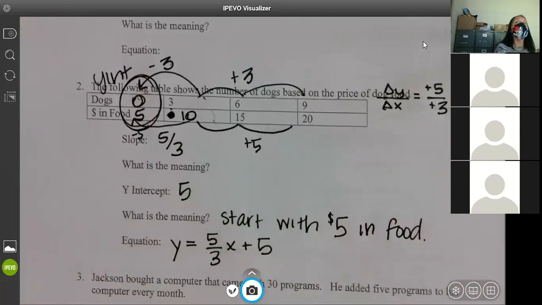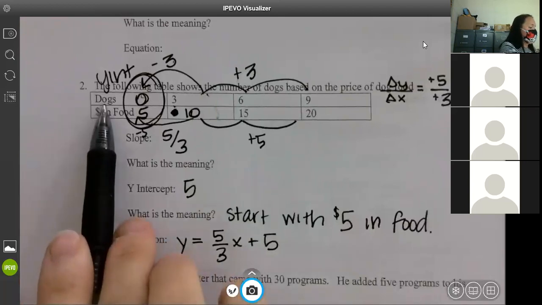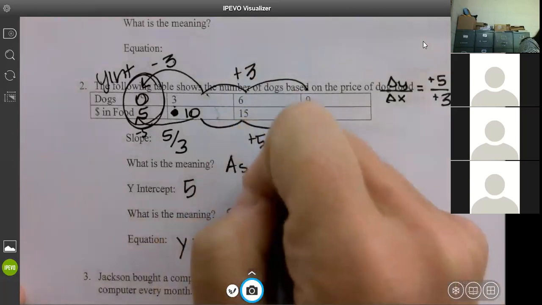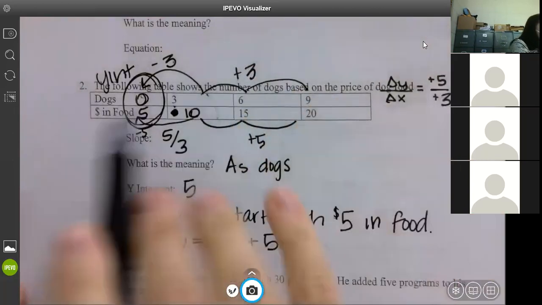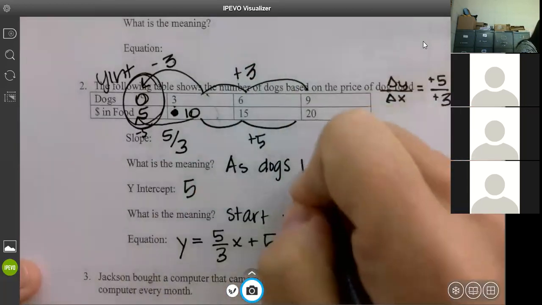All right. So what is the meaning? You're going to read it in context of the problem. As dogs increase by 3, where did I get increase from?